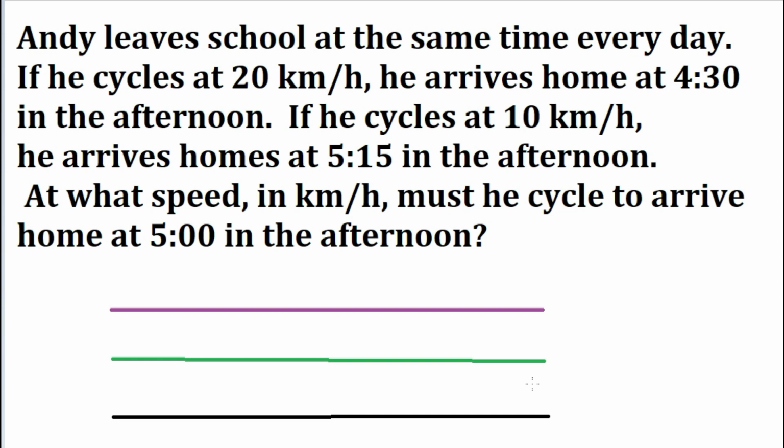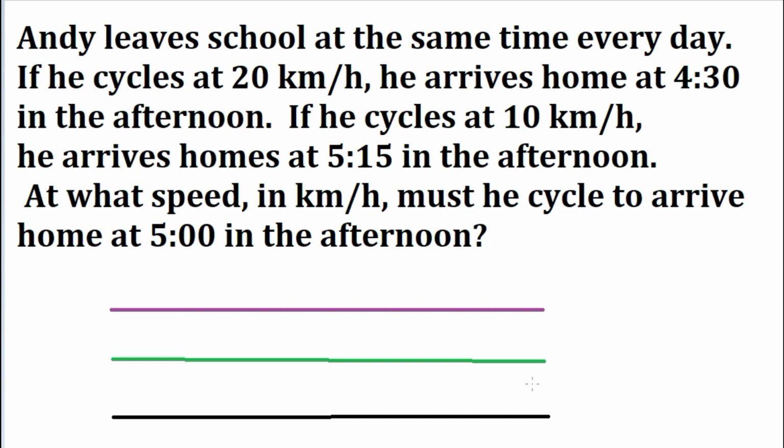So let's start. It says Andy leaves school at the same time every day. Yes, the starting time is the same. If he cycles at 20 kilometers per hour, he arrives home at 4:30 in the afternoon. If he cycles at 10 kilometers per hour, he arrives home at 5:15.